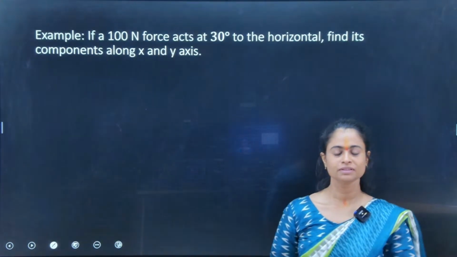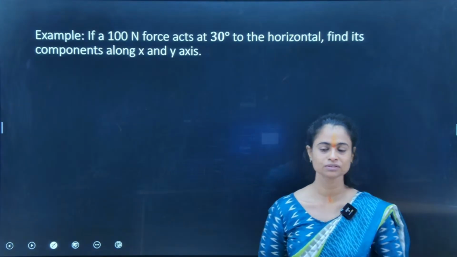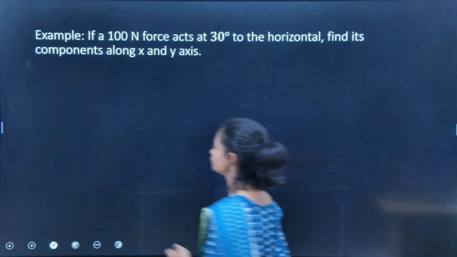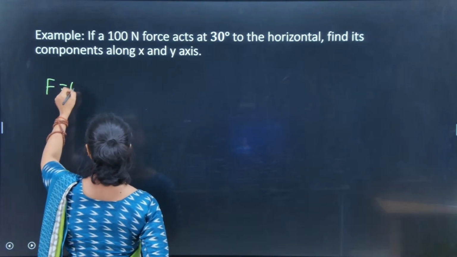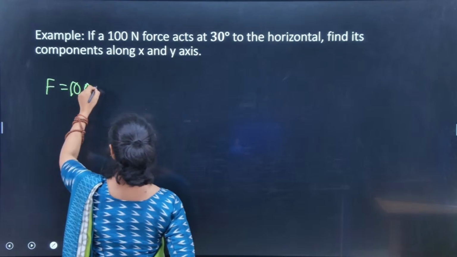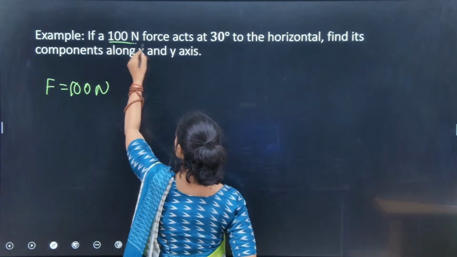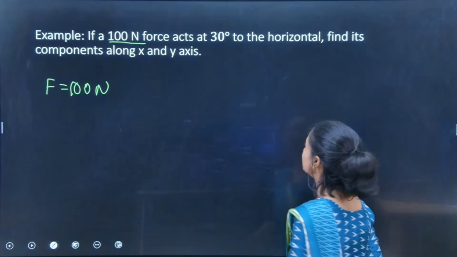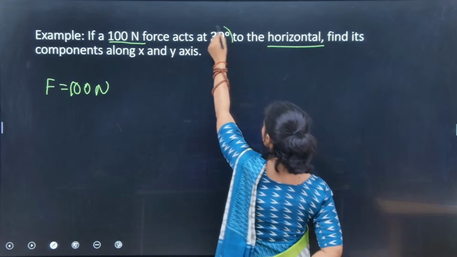So with that knowledge in our head, can we go and solve this problem? All of you, please try to solve this problem. I have a force which has a magnitude of 100 Newton, and its angle of inclination to the horizontal is 30 degrees.